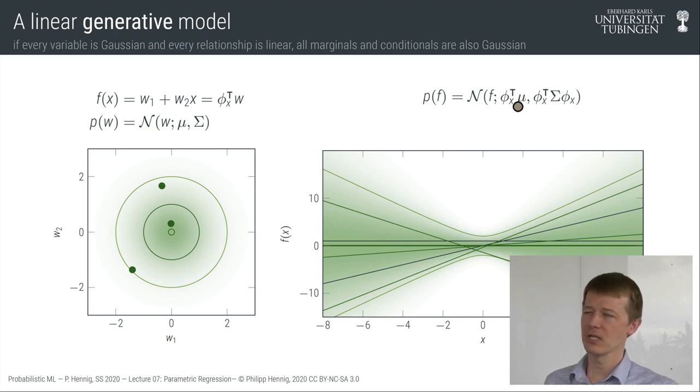So at any location x, the mean prediction for the function value f of x is just phi of x times mu. So mu here is 0, and therefore the mean of the function values is going to be 0 everywhere. And I show this as a solid green line in this plot.